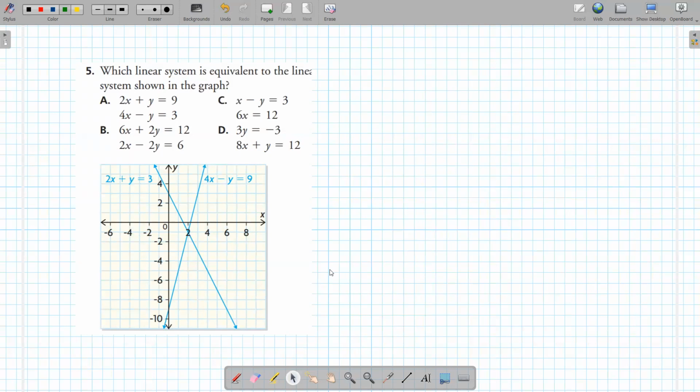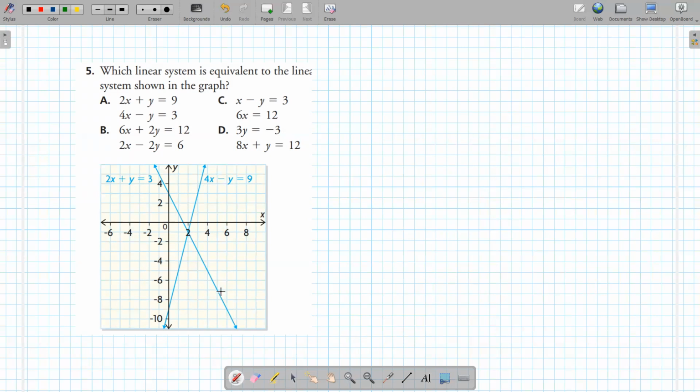When are two systems equivalent? If they have the same solutions, okay? If they have the same solutions, they are equivalent.